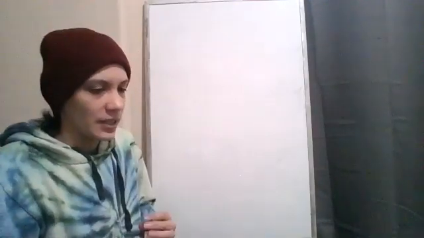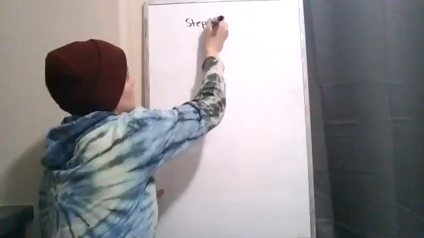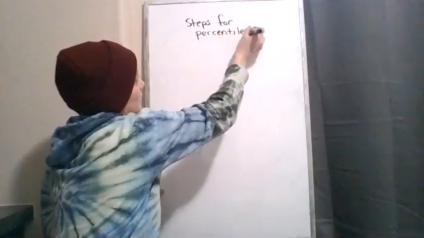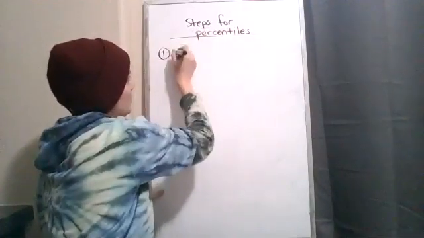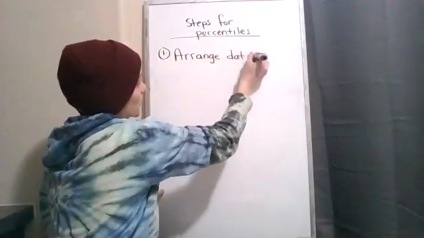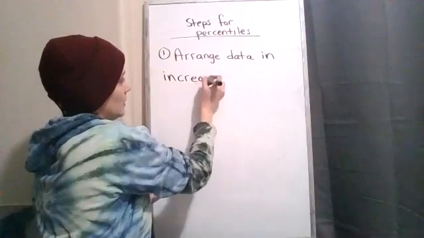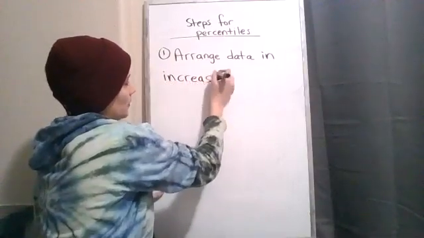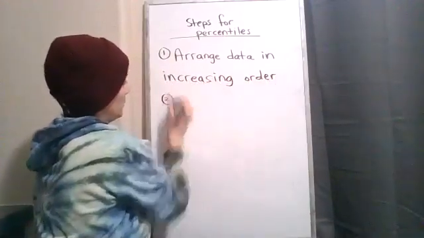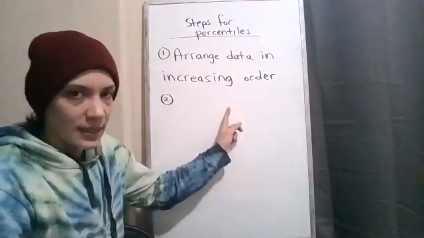So first, you have to arrange the data in increasing order. Second, find the median, and that's Q2.